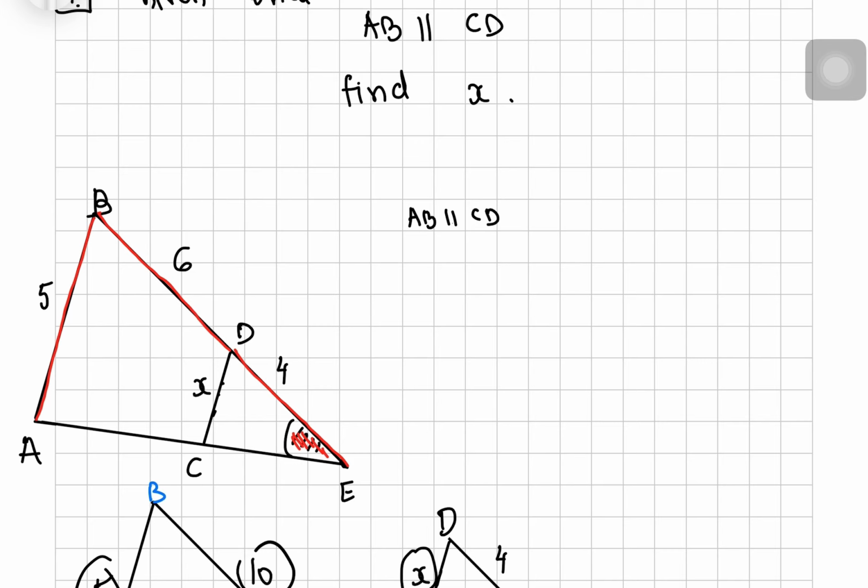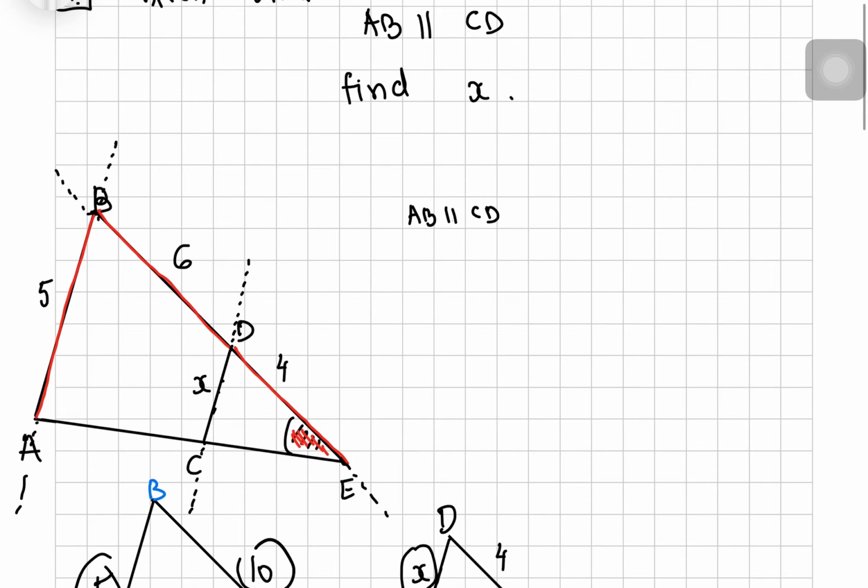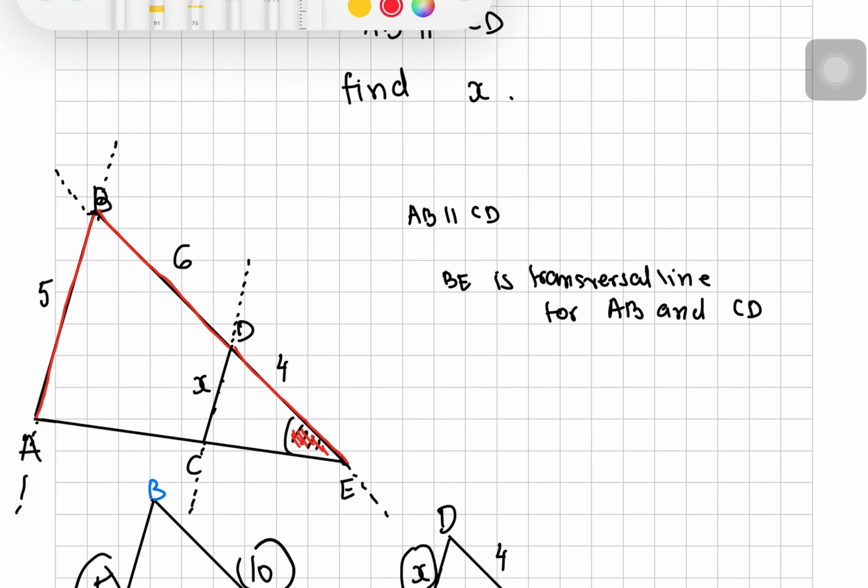based on the transversal line and angles on transversal line, if we just extend AB and CD, maybe better, and we extend the line BE, we can see actually that BE is a transversal line for AB and CD, and therefore there are angles which are congruent, and these angles in particular are congruent.